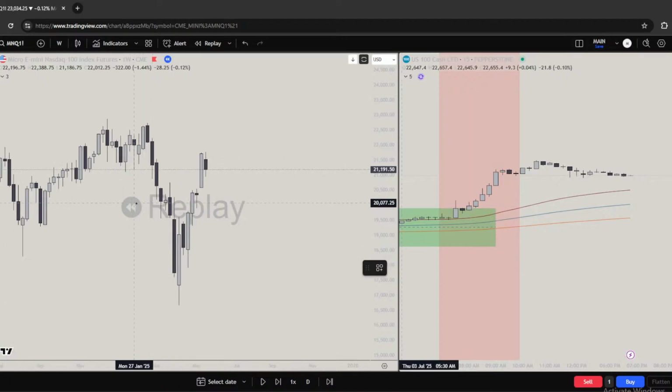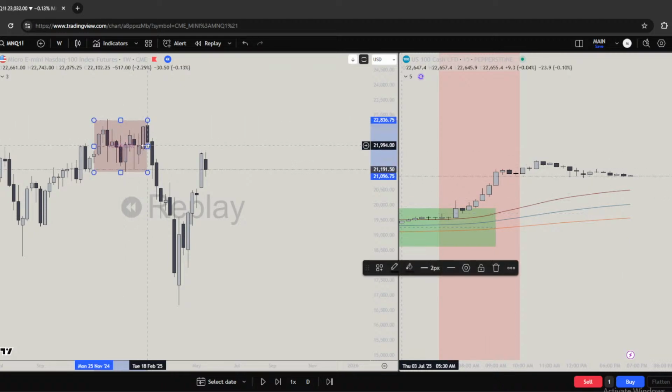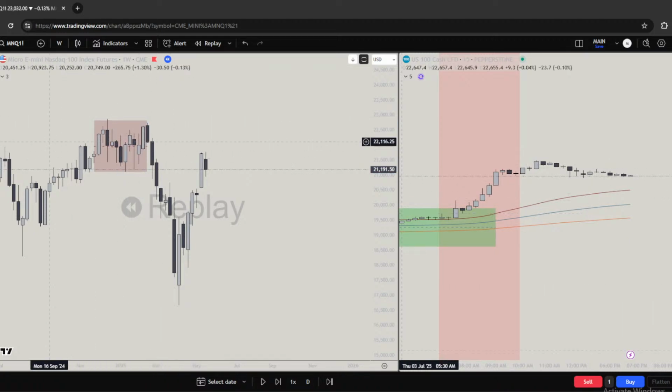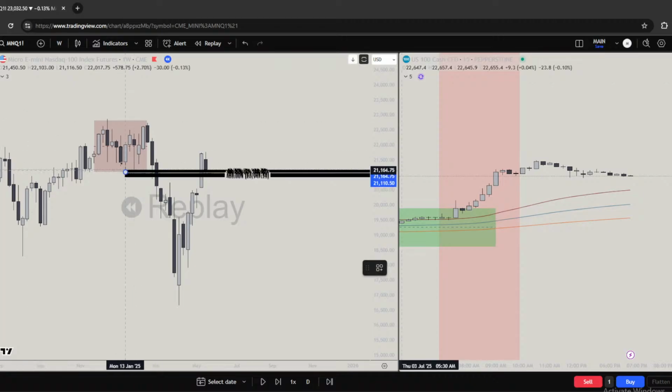Us knowing that this is manipulation, let's draw that range out. This is on the weekly too. Just knowing that you could have caught that all week.